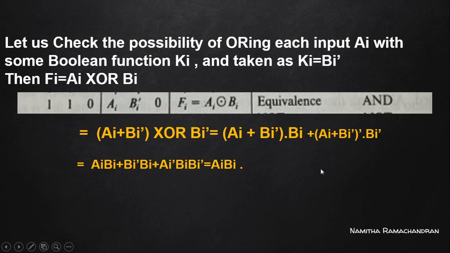So in order to make this XNOR operation into the logical AND operation, instead of substituting Ai along to the Xi input of our full adder, substitute Ai plus Bi complement as an input to the Xi input of the full adder and Yi input as Bi complement, so that the output function generates a result, that is Ai and Bi, which is equivalent to the result of our logical AND operation over Ai and Bi.